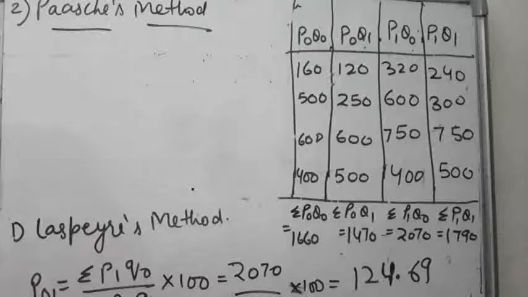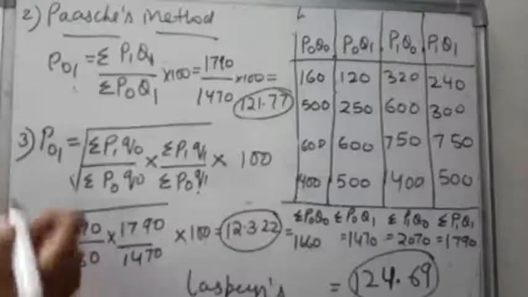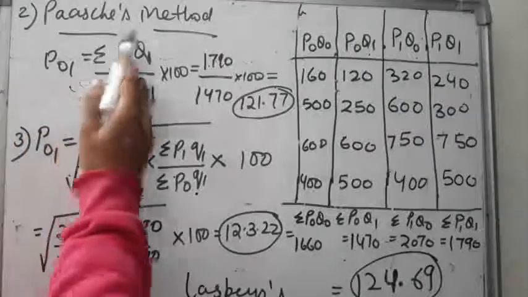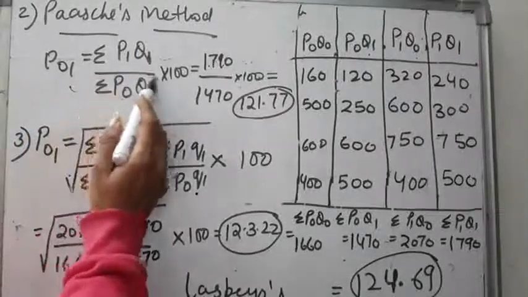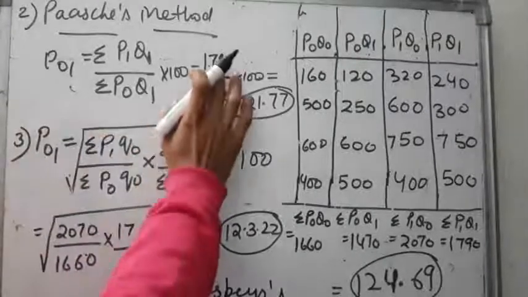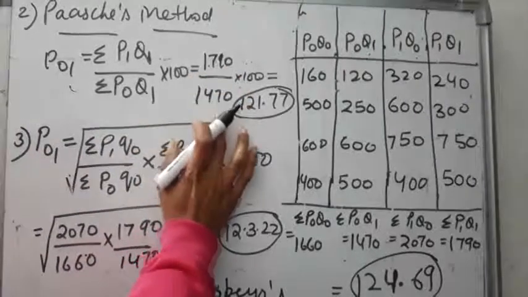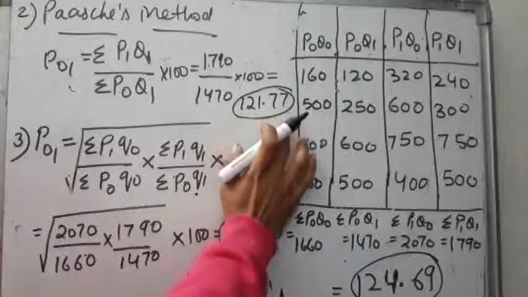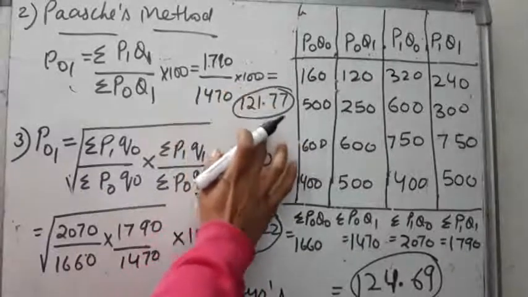The basic difference between the Laspeyres method and the Paasche's method is that Laspeyres uses base year quantities as weight, and Paasche uses the current year quantity. So here by the Paasche's method, summation of P1 Q1 divided by summation of P0 Q1, we put the values, and when we calculate it we get 121.77.